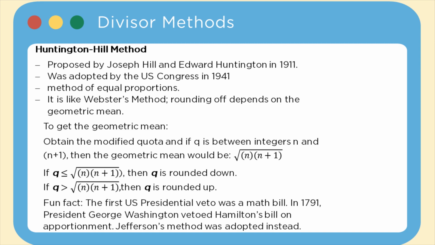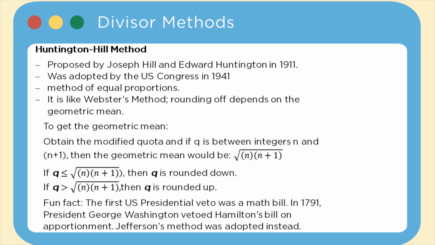An additional divisor method was proposed by Joseph Hill and Edward Huntington in 1911 and was adopted by the U.S. Congress in 1941. It is the method of equal proportions and is similar to Webster's method, but rounding off depends on the geometric mean.